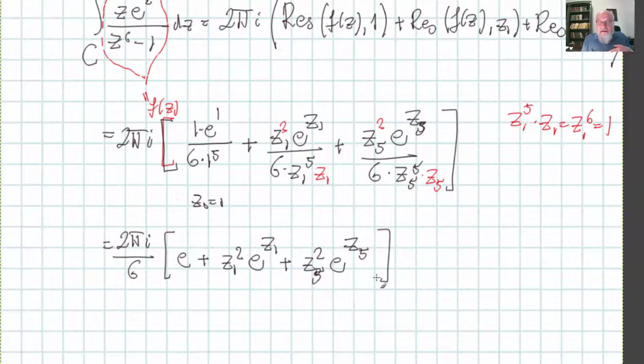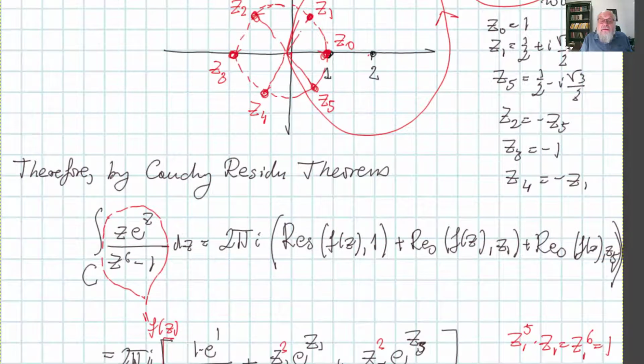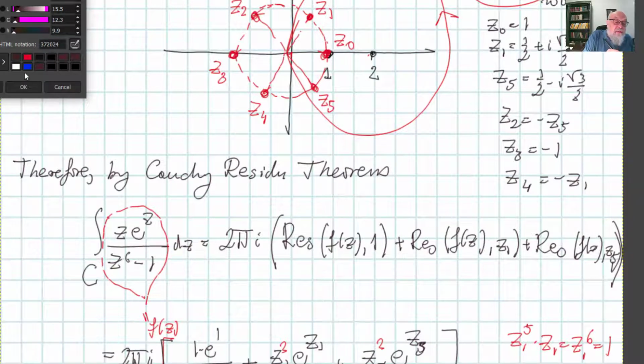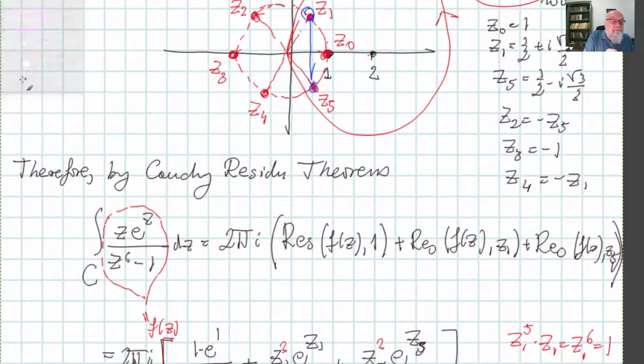And that's the formula. So now let me look again at the picture, and I see these 2 points here. Maybe I change the color. I use kind of a blue just to show you. See this one and that one. So these are 2 conjugate numbers. Let me write it down.